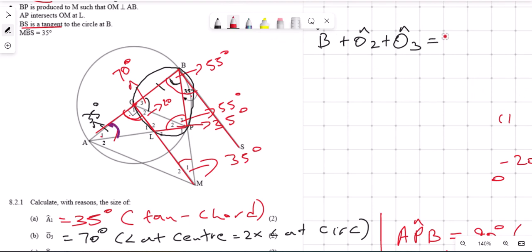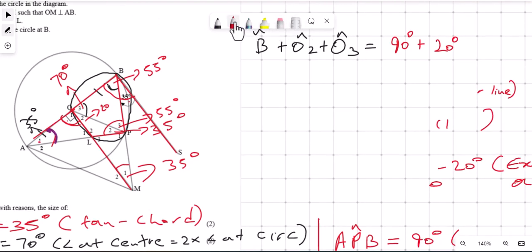This is equal to 90 degrees for angle B plus 20 degrees plus 70 degrees. This is equal to 180 degrees.